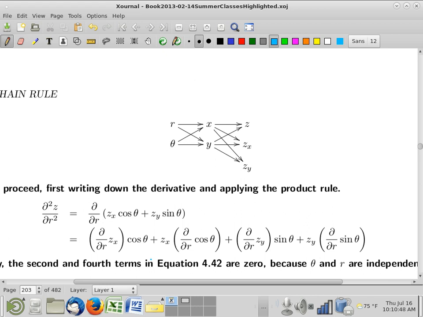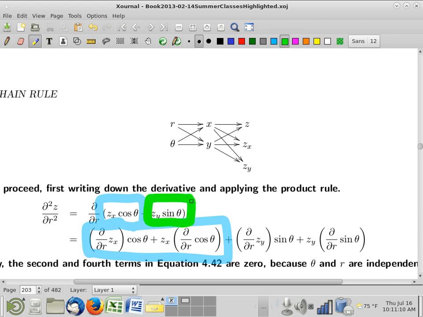So the first step I'm going to make here is to note that this term involves using the product rule, and that's what the product rule looks like as applied to that term. And secondly, this term, I've got to use the product rule because it is a product, and applying the product rule to that gives you these two terms. So I haven't really done anything chain rule-y yet. I just wrote down the product rule to start off. Is everybody on board?